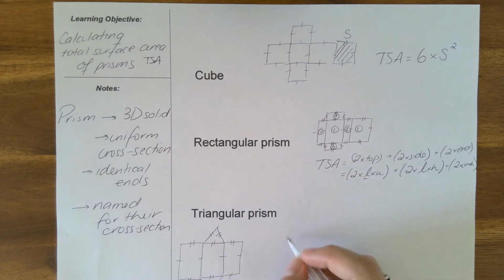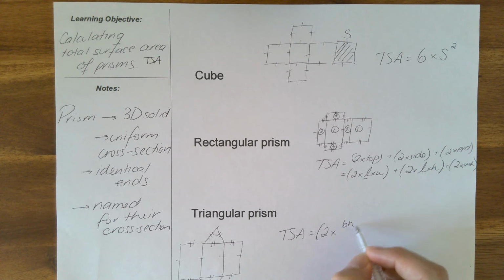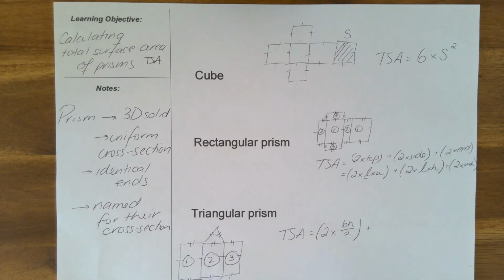Our total surface area, we have to consider we've got these 2 triangles, so it'll be 2 times base times height over 2, and we have to consider these 3 rectangles. Now in any different situation, we're going to have maybe 3 different size rectangles, but in this case, we will just say it's length times width for the first rectangle, plus length times width for the second rectangle, and length times width for the third rectangle.